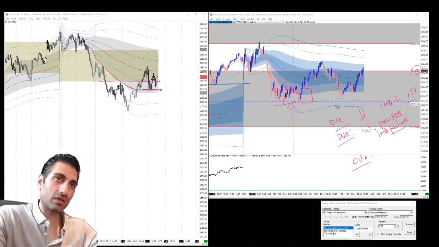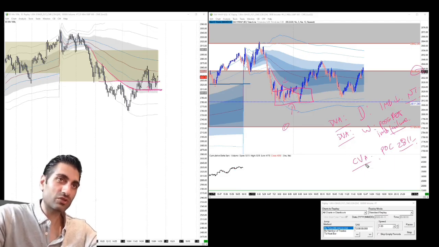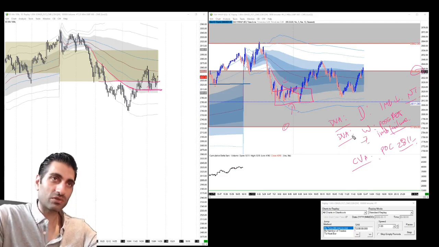But let's finish why we think that is. CVA basis, nothing but pocket. Clearly that's important because you're here, right? You don't necessarily want to be trading right into it if you do scale it, but we already know we're not interested in shorts because it says DVA weekly, possible rotation, imbalance failure.